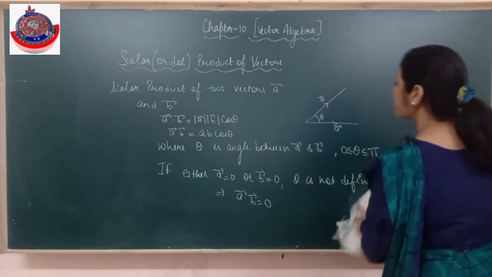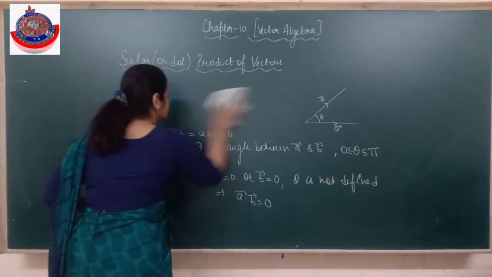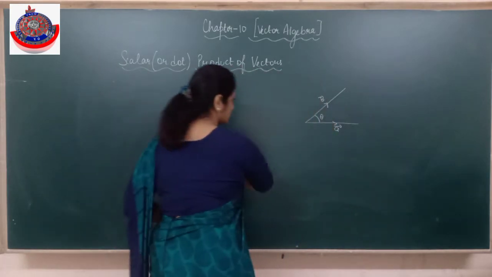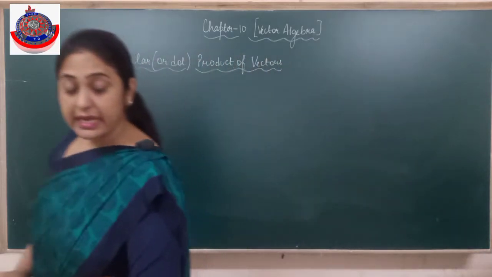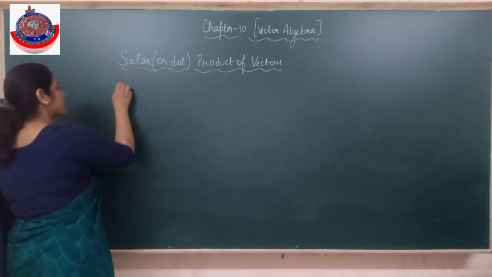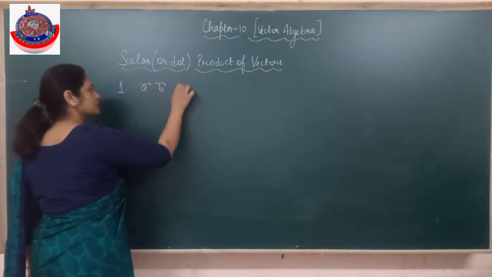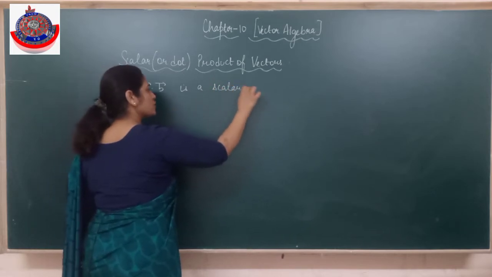There are certain properties which we need to keep in mind. The first is that A vector dot B vector is a scalar quantity. I told you it's clear by name. It's a scalar quantity.